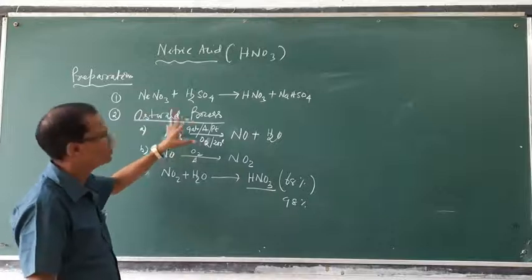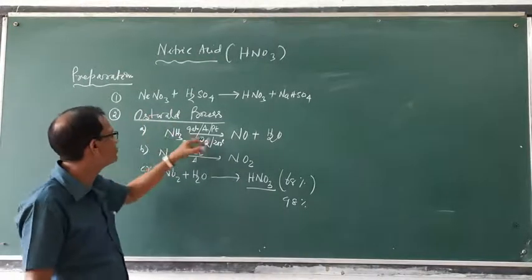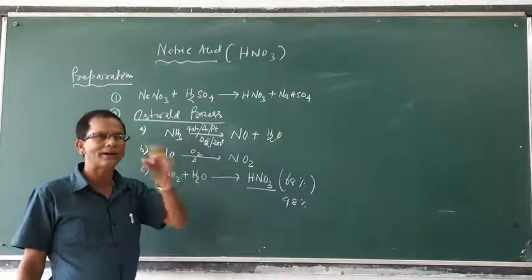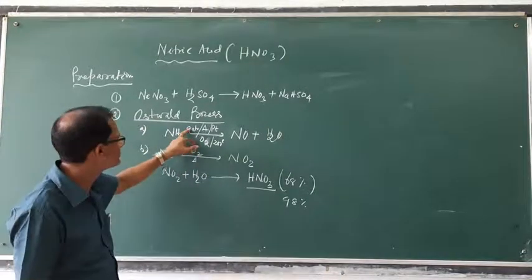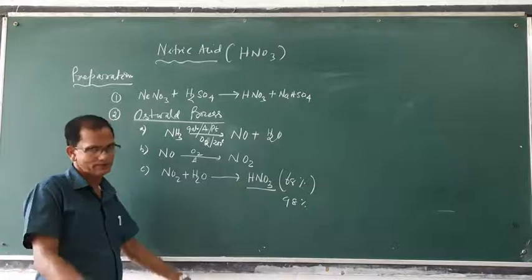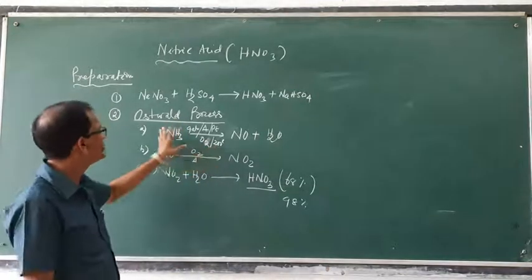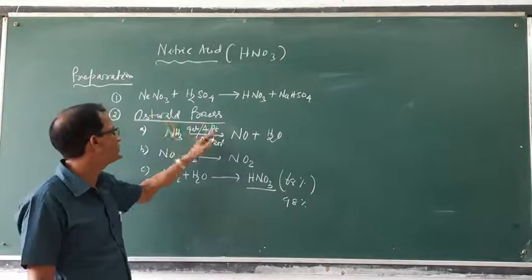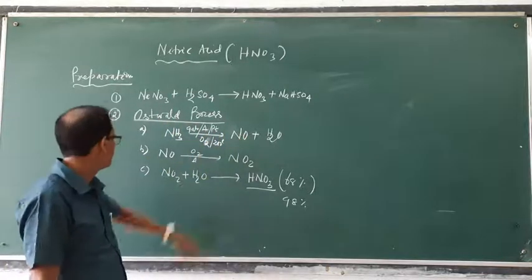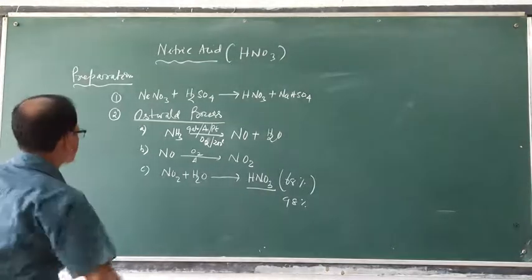This is called the Ostwald process. It is an industrial process because it cannot be done in the laboratory: the pressure is around 9 atm and the temperature of 200 degrees Celsius is required. That is why high temperature, high pressure and platinum catalyst are required to convert ammonia to nitric oxide.